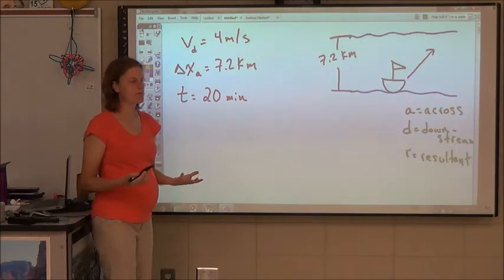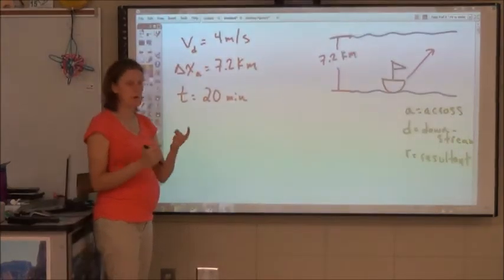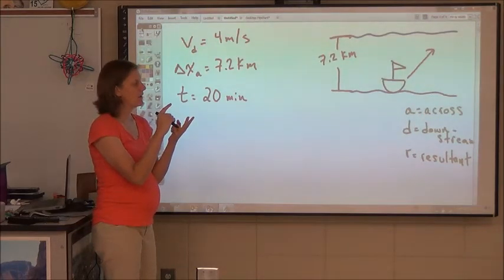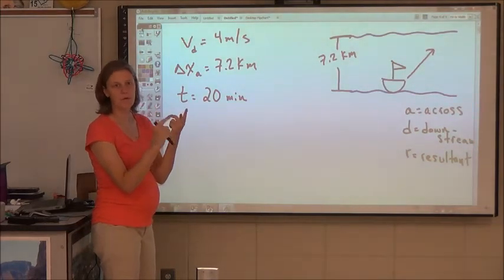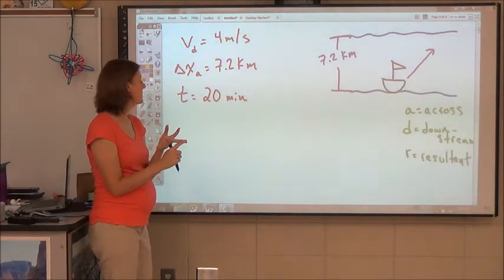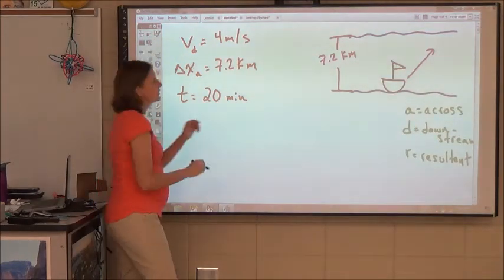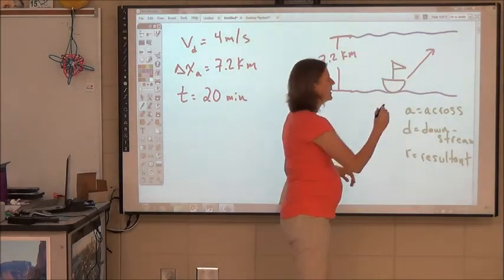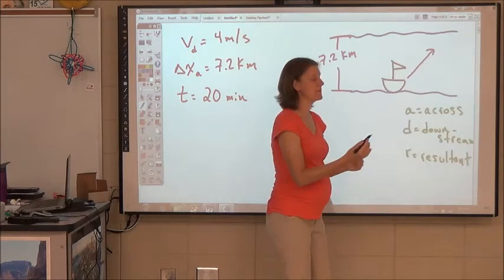So in most of these river-based problems, the boat's probably trying to go across, either wind power, motor, who knows. But then there's some current probably pushing it downstream. So in my picture, my boat is definitely going to be pushed downstream, and these are really the components of this overall vector.